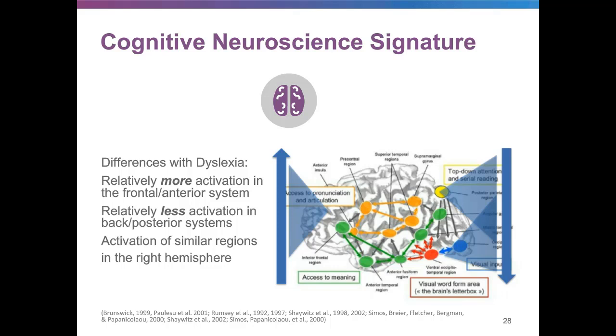We have seen distinct patterns of difficulty now, and it really has to do with the way your neural networks activate, with more activation in the front of your brain and less in the rear compared to what I'll call typical readers.